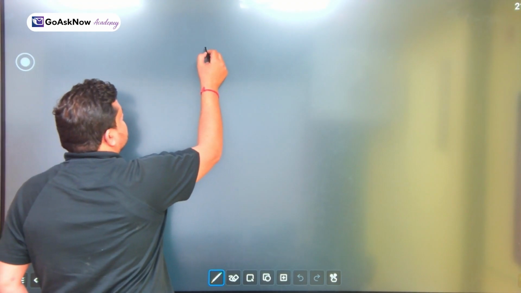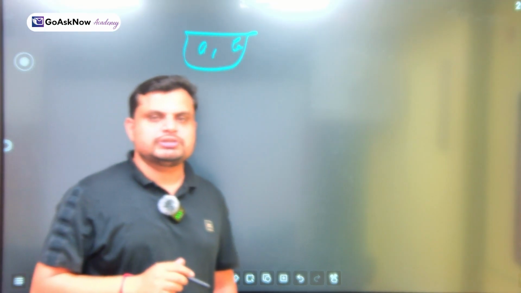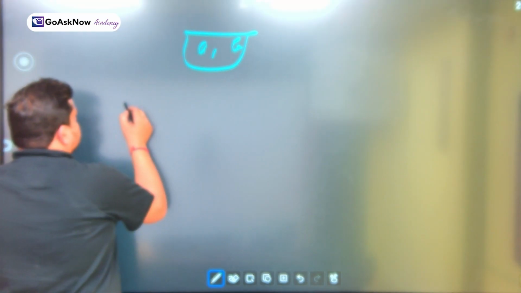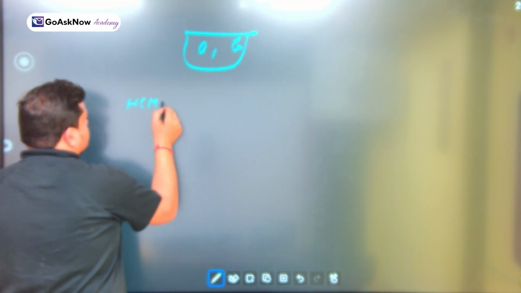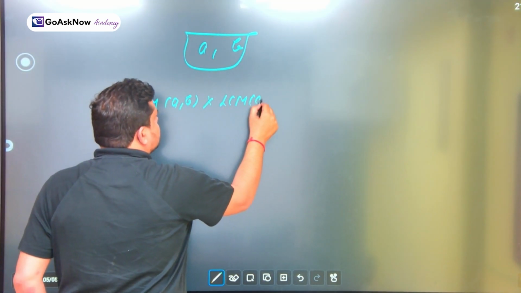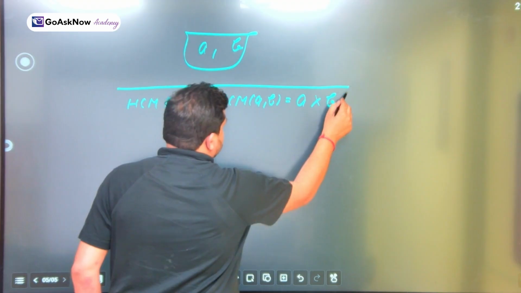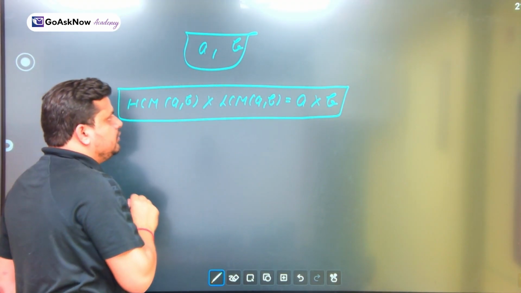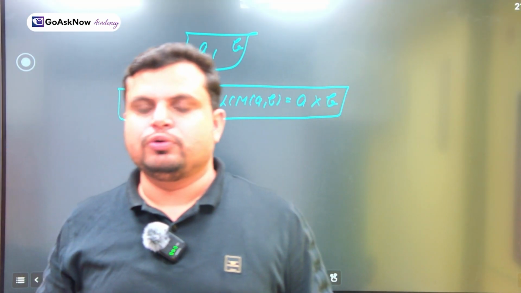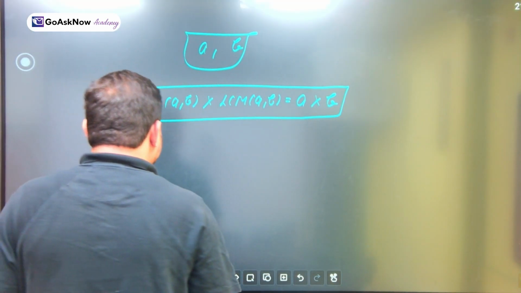Suppose we have two numbers A and B. Then the HCF of A and B into the LCM of A and B is equal to A cross B. So if we have two numbers, then the product of those numbers is equal to the product of their HCF and their LCM.